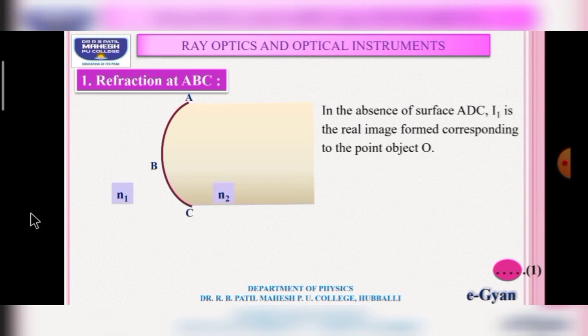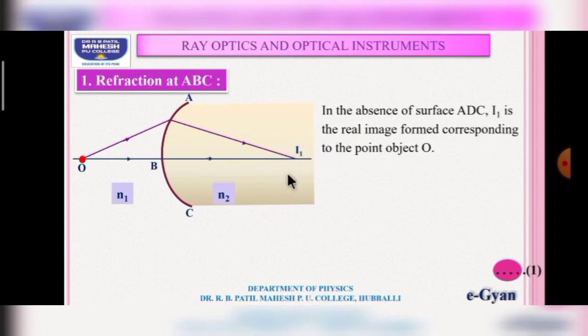Let N1 be the refractive index of the air medium and N2 the refractive index of the lens material. A ray from object O is incident on surface ABC and gets refracted, and it meets the principal axis at point I1. Another ray travels along the principal axis and intersects the refracted ray at point I, hence the image is formed at this point.